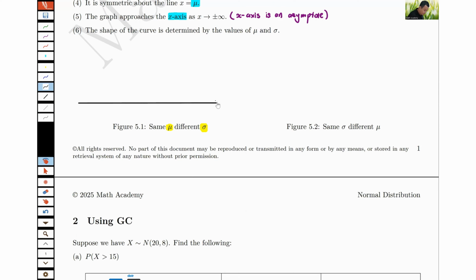Like I said, for normal distribution curves, we are not going to draw in the y-axis. Just draw a normal distribution curve, just a random one, where the middle value is marked as mu. Mu is always the center of your curve.